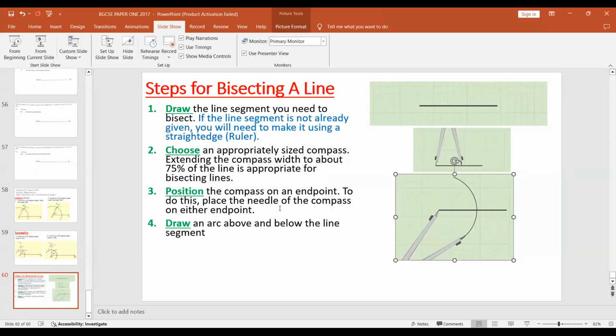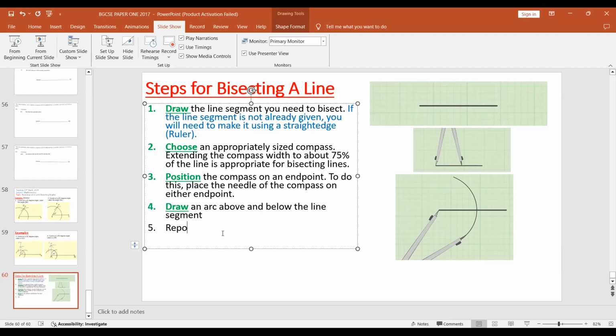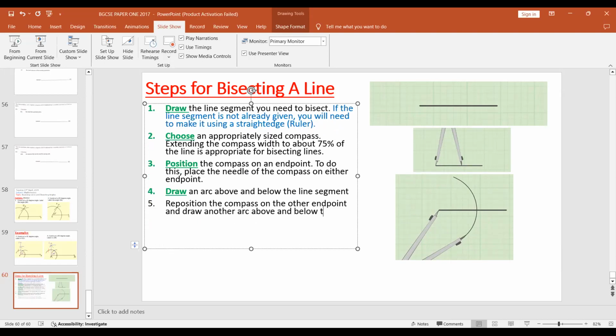And then after we're done with that, the fifth thing that we're gonna do is reposition the compass on the other endpoint, and draw another arc above and below the line segment.